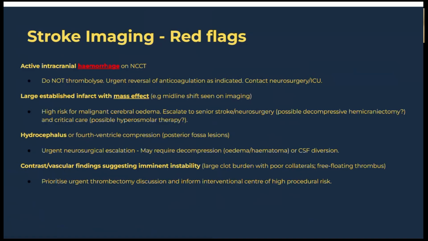Hydrocephalus, if you see that on scan, then urgent neurosurgery escalation might also be required for decompression or CSF diversion. And contrast and vascular findings that suggest an unstable patient: if they've got really bad vascular findings, then you prioritize an urgent thrombectomy and you inform the center that is going to do the thrombectomy that there's a lot of risk.